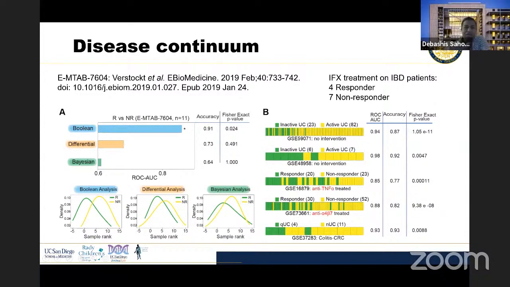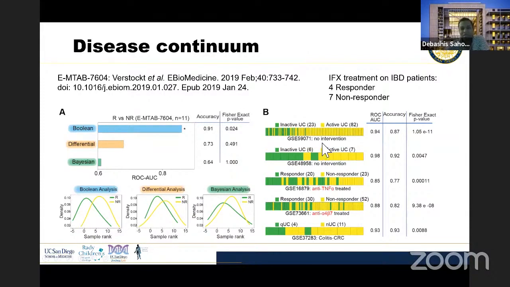In this case, these algorithms were not given the responder and non-responder labels before. They were given the labels of normal and IBD on the cohorts and tried to see whether they can separate them. And this classification will be applied on the responder and non-responder to see how well they are separating. In this case, the Boolean does really well.